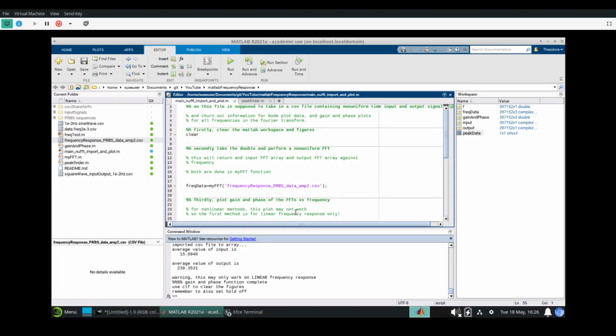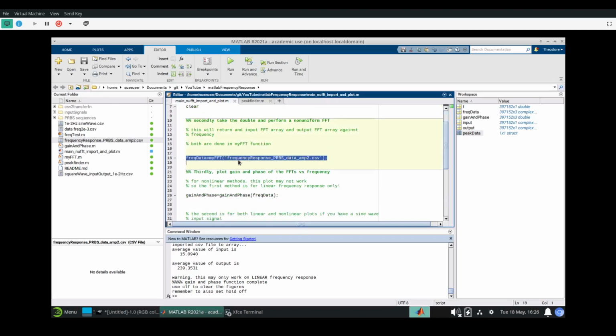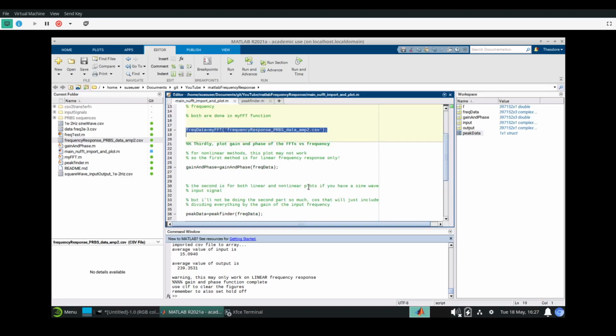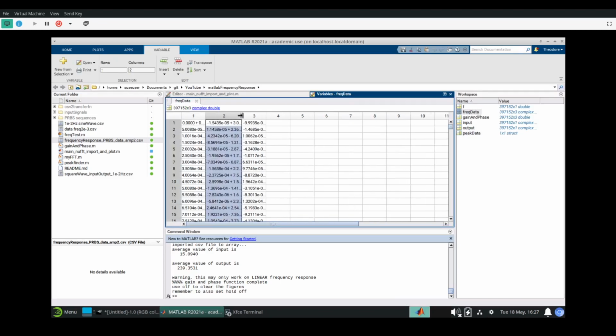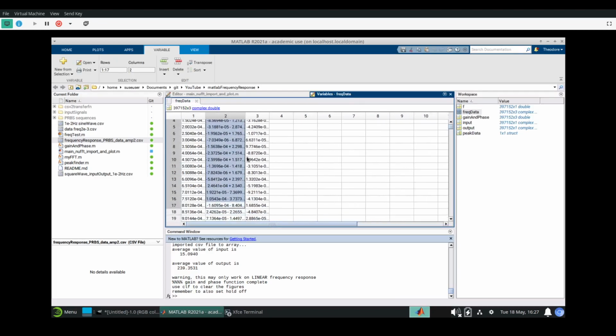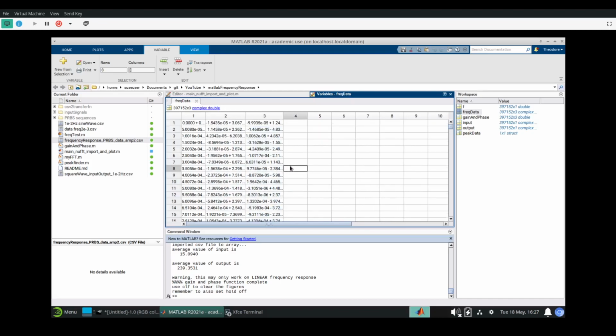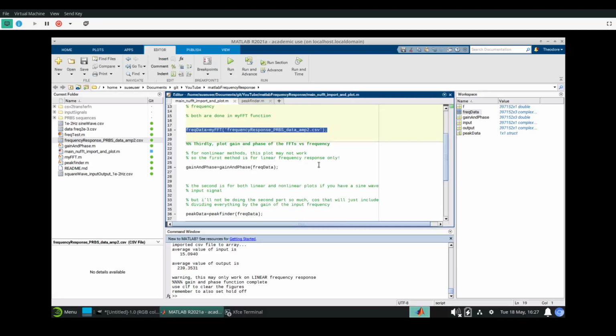So I'll just run you through the basic things. First thing, you're going to output a frequency array of frequency data. Next, column 2 here will be your input, column 3 here will be your output, the fast Fourier transform of such.